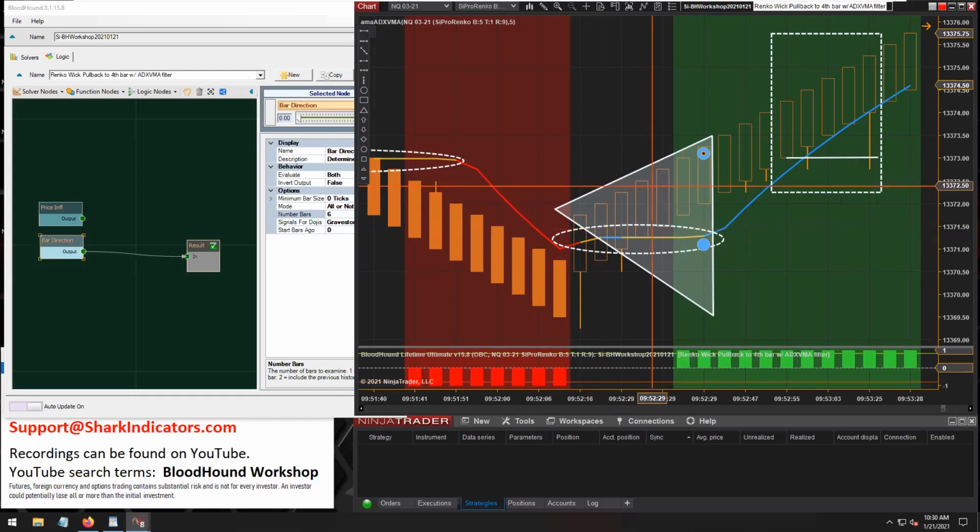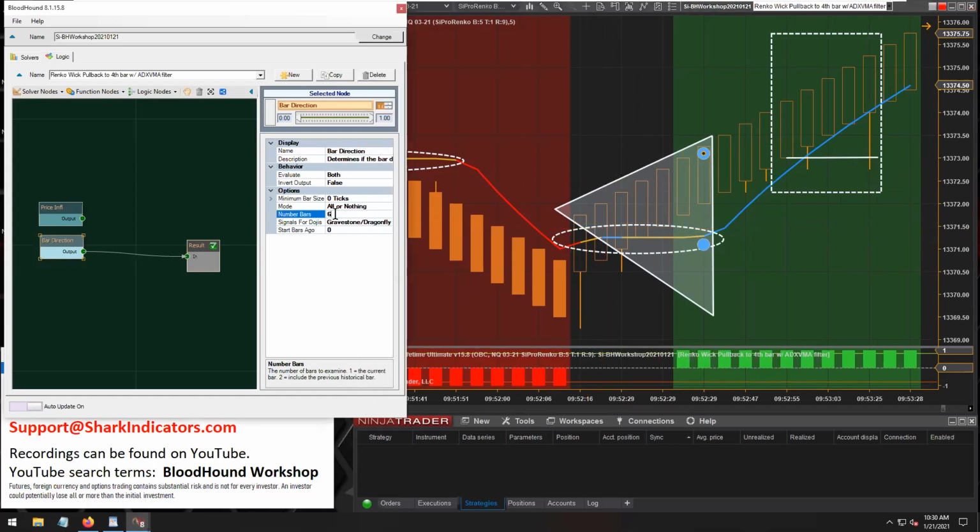Normally, you would want to increase your number of bars to 7 so that our first long output is actually on our 6th bar here, but it's really our 7th up bar.